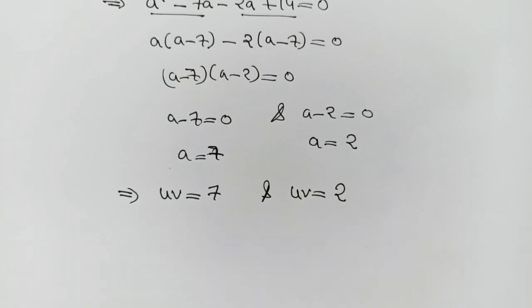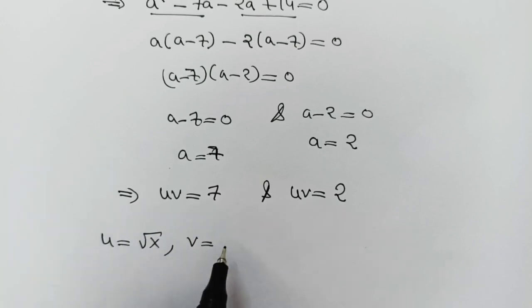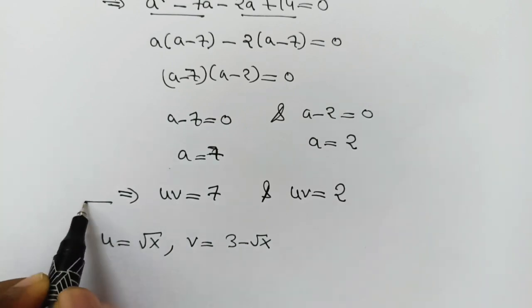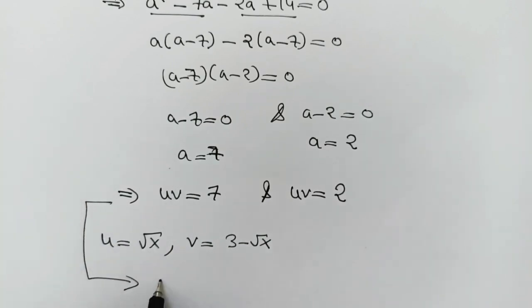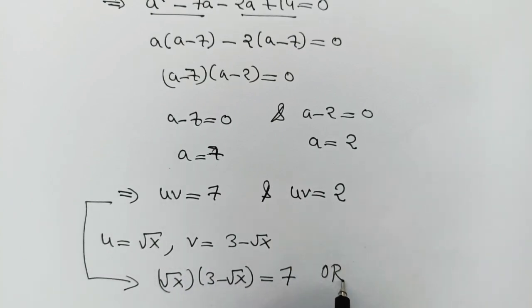Now putting back the value of uv, u was square root of x and v was 3 minus square root of x. So putting these values we have square root of x into 3 minus square root of x is equal to 7, or square root of x into 3 minus square root of x is equal to 2.